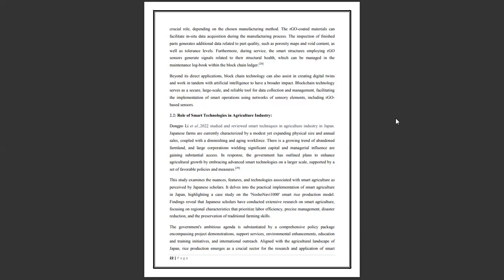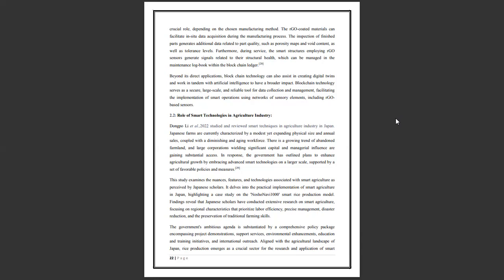This is a growing trend, where abundant farmland and large corporations wielding significant capital and managerial influence are gaining substantial assets. In response, the government has outlined plans to enhance agriculture growth by embracing advanced smart technologies on a large scale, supported by a set of favorable policies and measures.